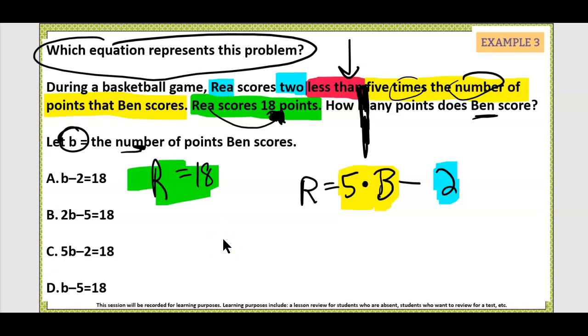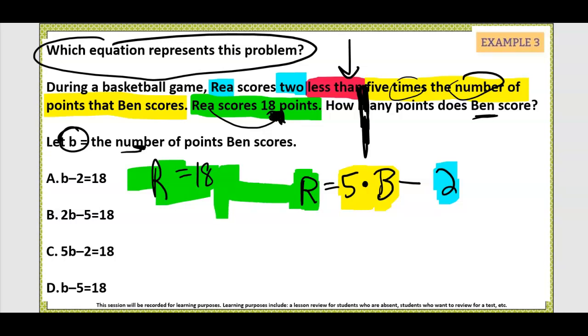There's one more step that we have to do. Do you see what I see? Right here, R. We're doing R is green. What do we know about R? What does R equal? There it is, 18.